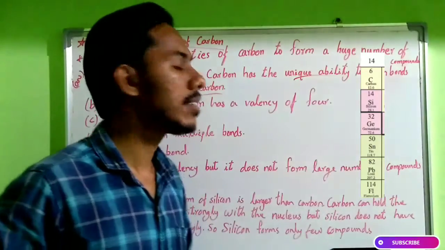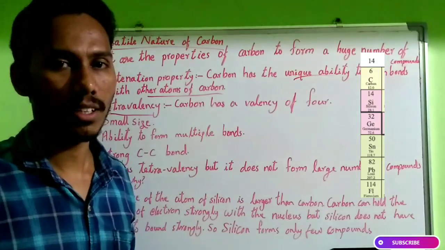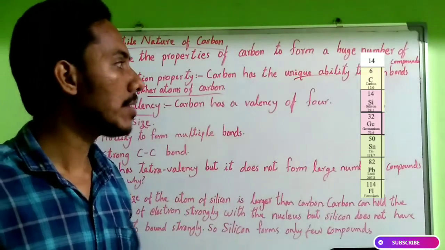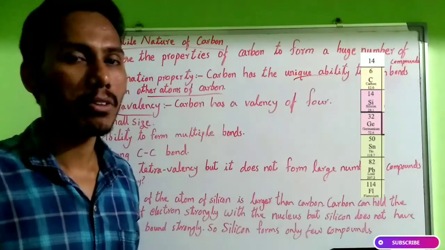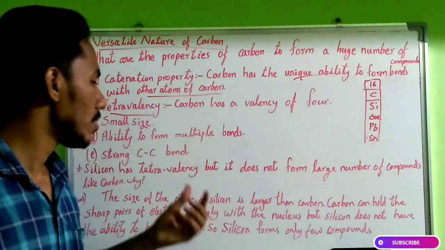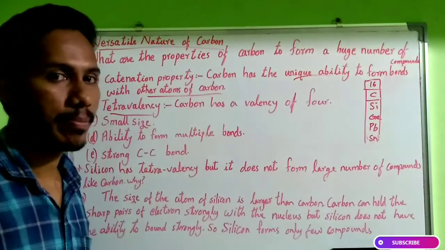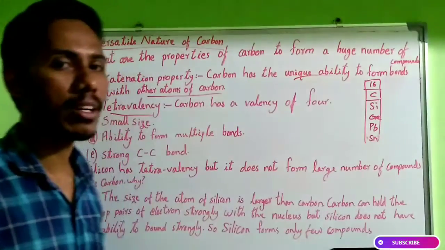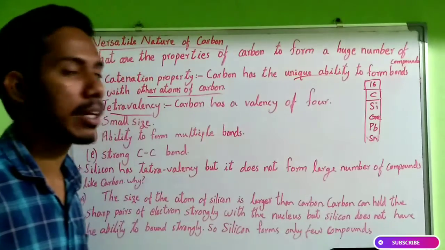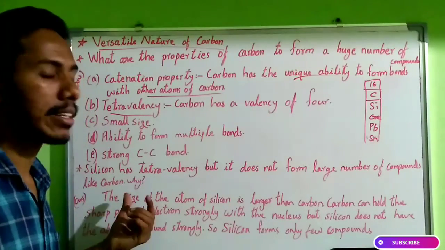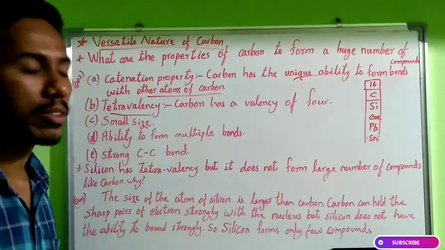Silicon is also small, but compared to carbon, silicon is larger in size. That is why silicon can only make a few compounds. So this is the question. Silicon, germanium, tin, and lead are also tetravalent, but they do not form a large number of compounds like carbon. Why? This is also an important question.